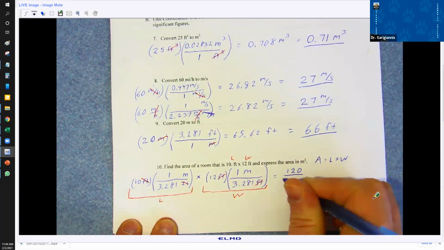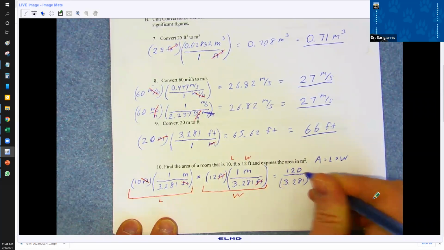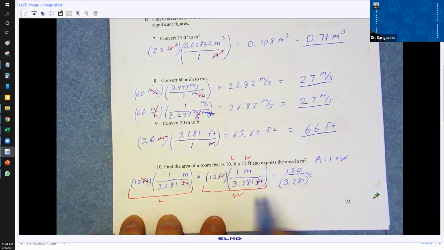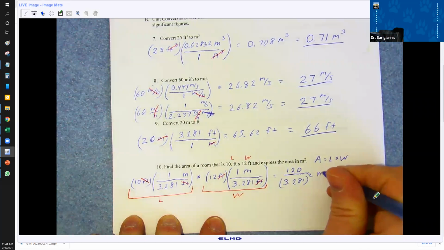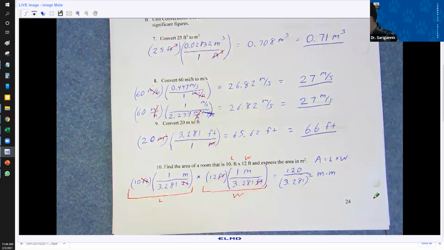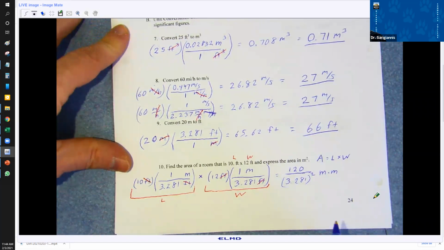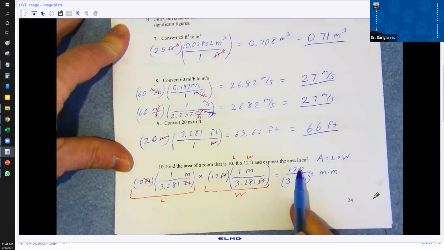This is basically 3.281 squared, right? And the units I'm left with are meters times meters. So this just becomes 120 divided by 3.281 twice.